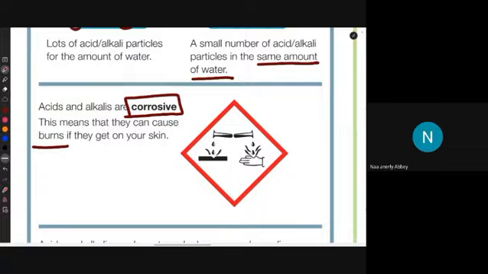So acids and alkalis are corrosive. This means that they can cause burns, especially if they get onto your skin, right? So usually when you have acids and alkalis, you would see this label present on them, right? Yes.